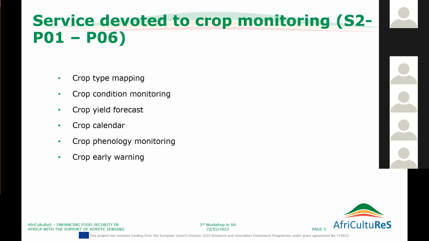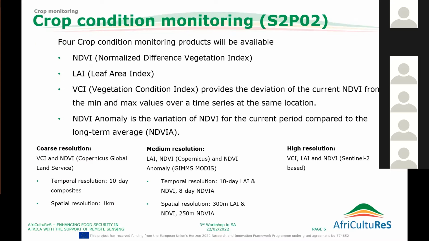Let's start with the services and products devoted to crop monitoring, which will cover crop type mapping, crop condition monitoring, forecast of the yield, and then check on the calendar and the phenology of the crops and give an early warning if needed.